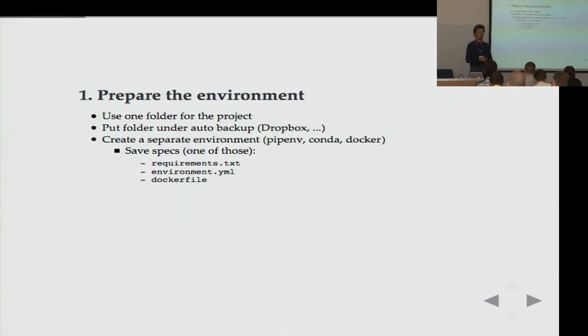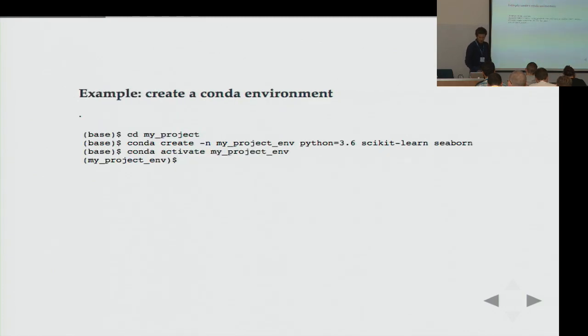This gives you a declarative specification of your environment, because you have a text file, an environment.yaml or Dockerfile, that specifies your environment and allows you to move it to another machine easily. It also specifies all the versions of all the packages that you use at that time point. So this is just an example of how you create a Conda environment.